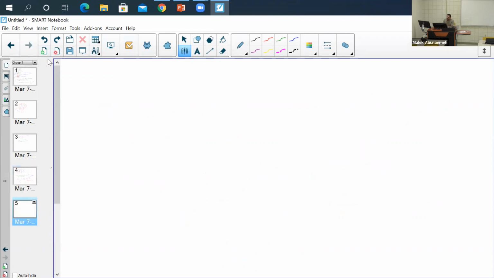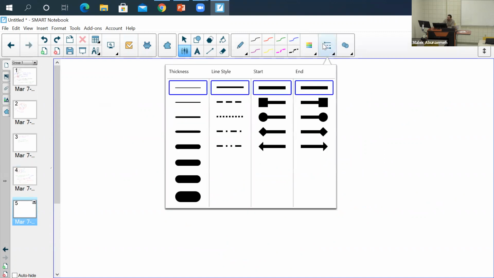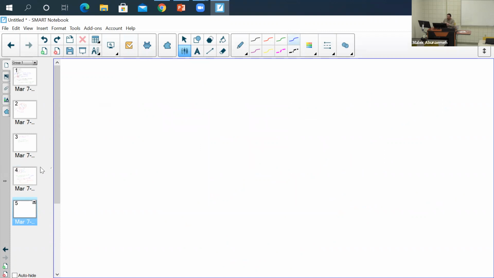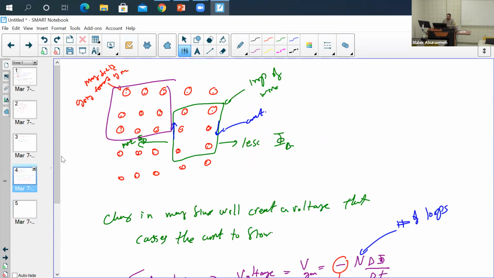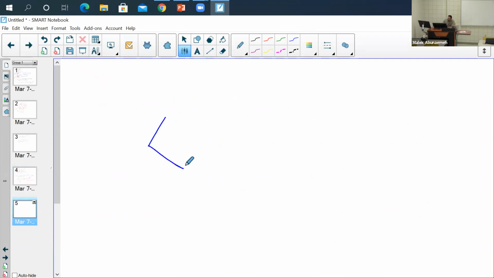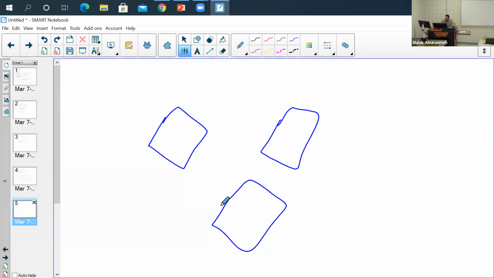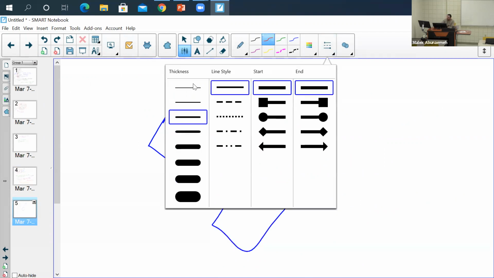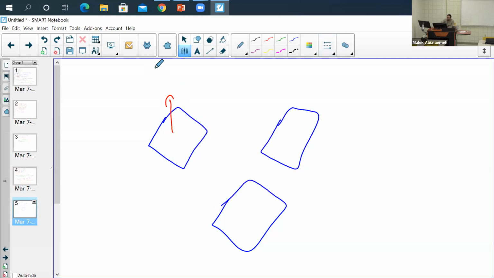So basically what we have over here, let me redraw what we got. Let's say this is the loop of wire where your magnetic field is going towards you. Let's do this one over here and this one right down over here. And let's say this is the magnetic field. We were looking at it this way. So let's say this is the magnetic field going in.